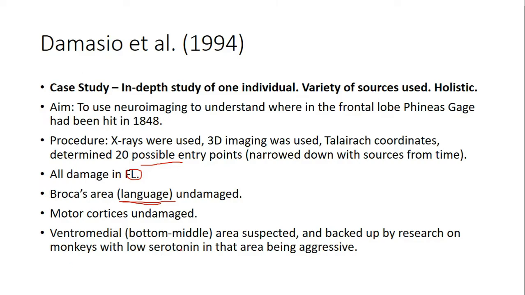But it was the ventromedial area of the frontal lobe which was hit, and this was backed up by research on monkeys with low serotonin in that area, and they were aggressive too, in a similar way to Phineas Gage. So that's basically backing up the point. It adds some reliability to it.